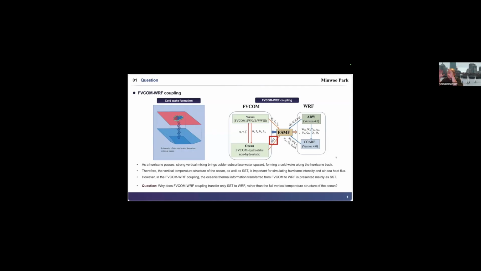If you look at Emanuel's equation, you can show that. In his 2003 review paper, he mentioned that the temperature really affects the intensity of the hurricane. So if you have a warm background surface, you get a stronger hurricane.